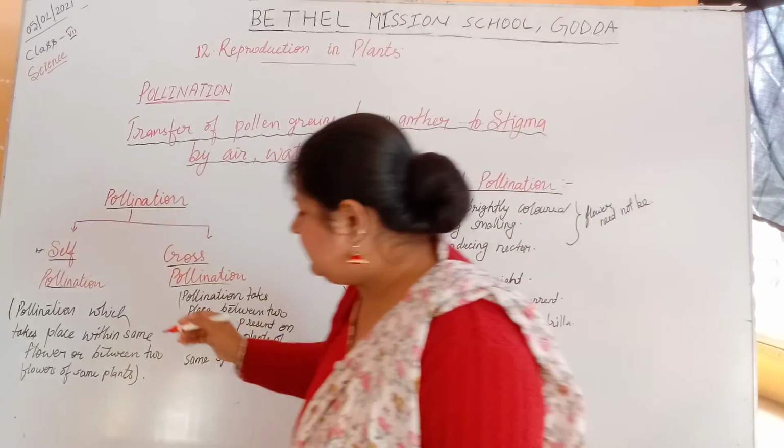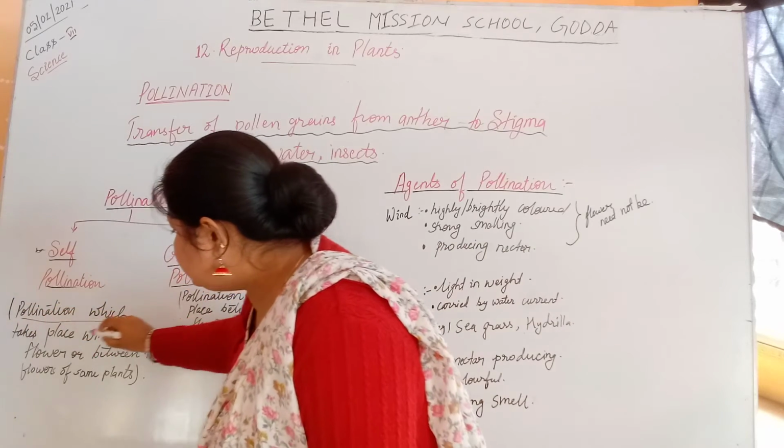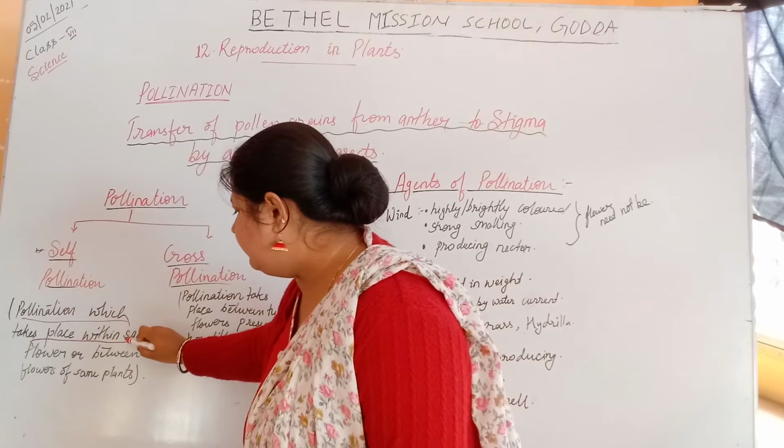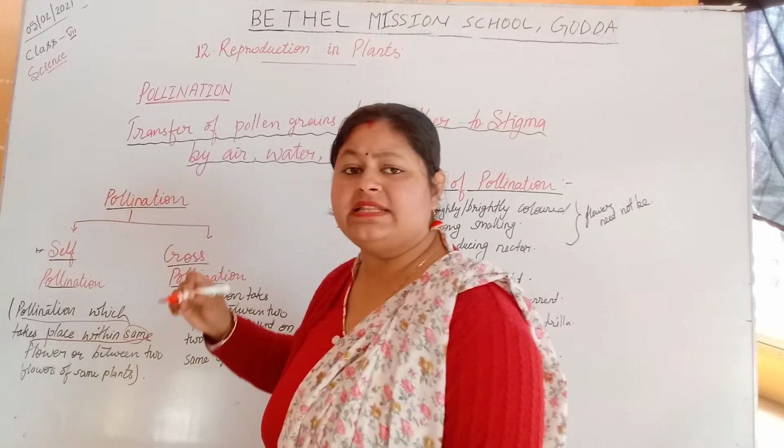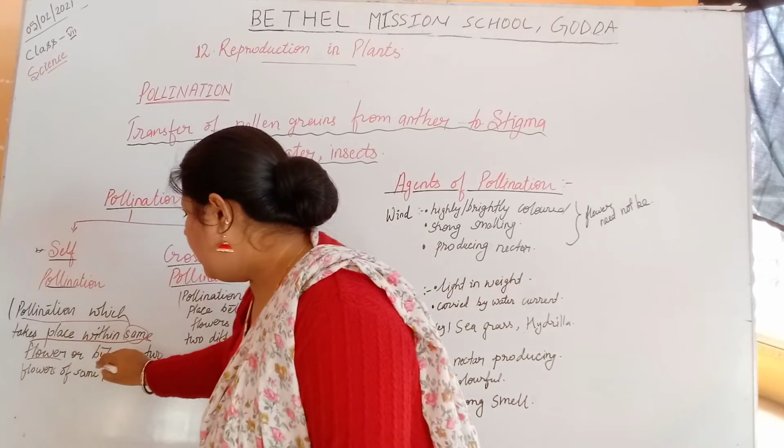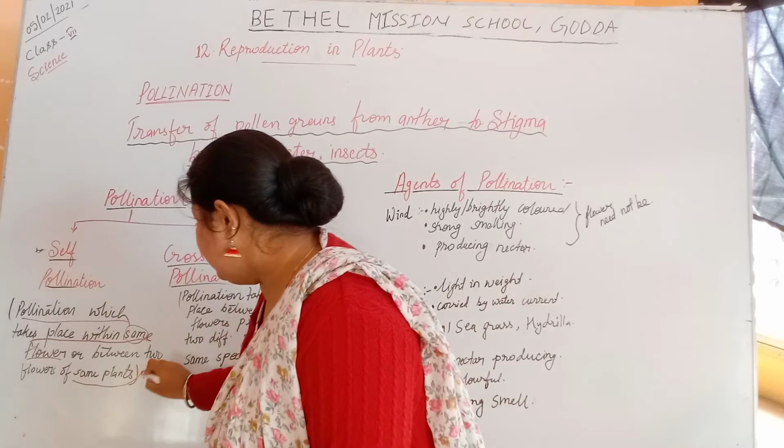So it's very clear, pollination takes place within the same flower or between flowers of the same plant. This word is very important.